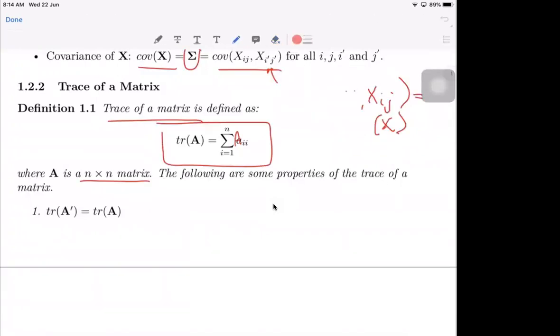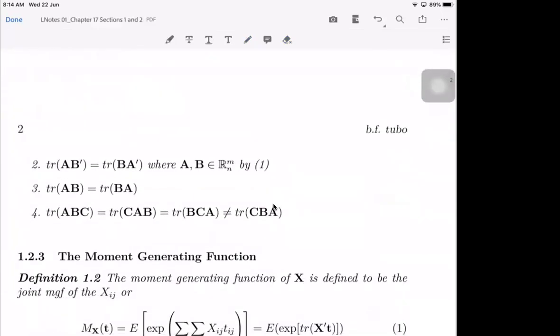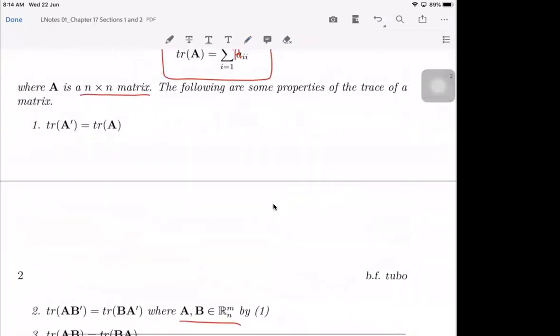Next, the trace of AB transpose will be equal to the trace of BA transpose, where A and B are m by n. So let me recall.